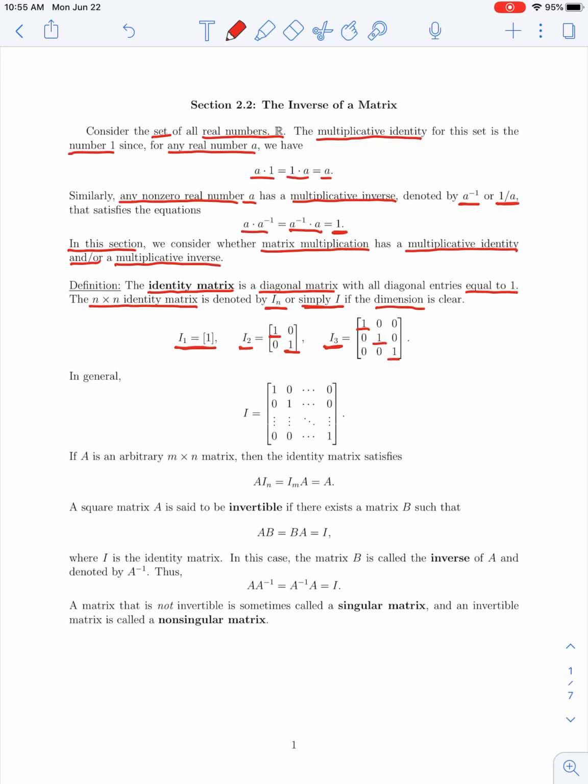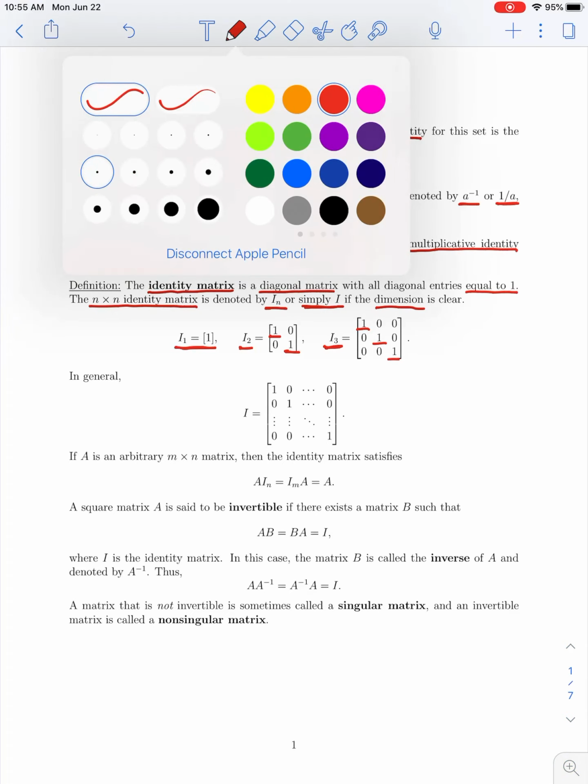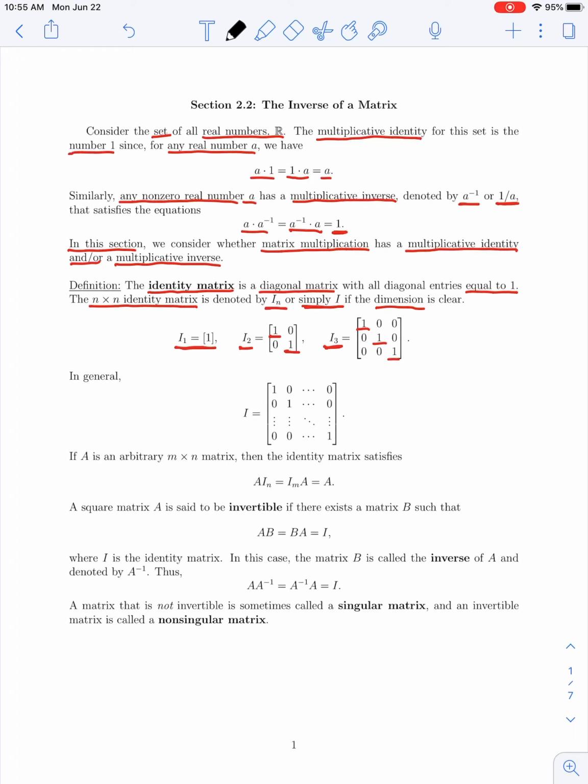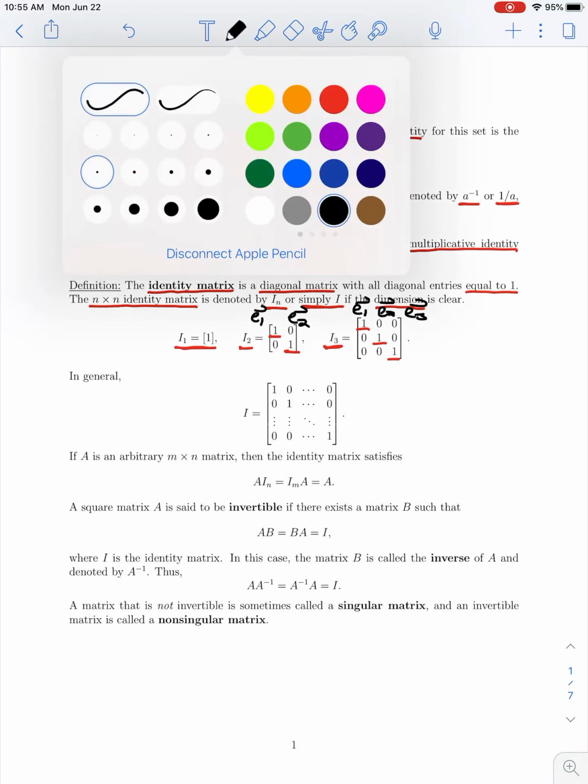We've already referred to this identity matrix a little bit in our last chapter when we were looking at the matrix of a linear transformation. Remember, the columns of these identity matrices we were calling basis vectors, maybe E1 and E2, or E1, E2, and E3. Now we have a more formal definition of this identity matrix.